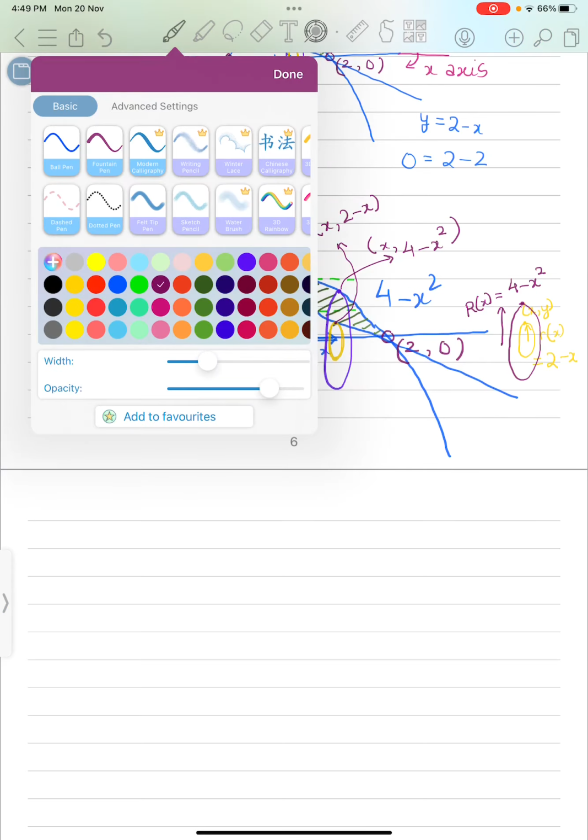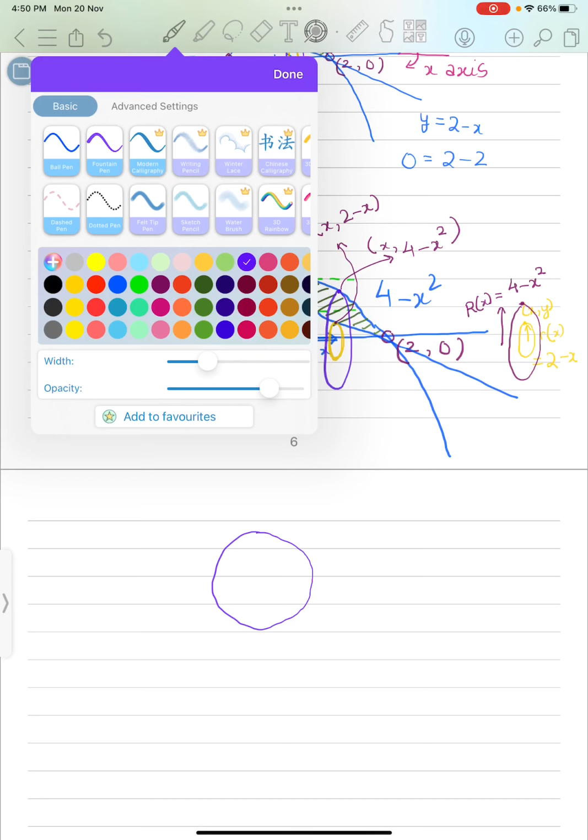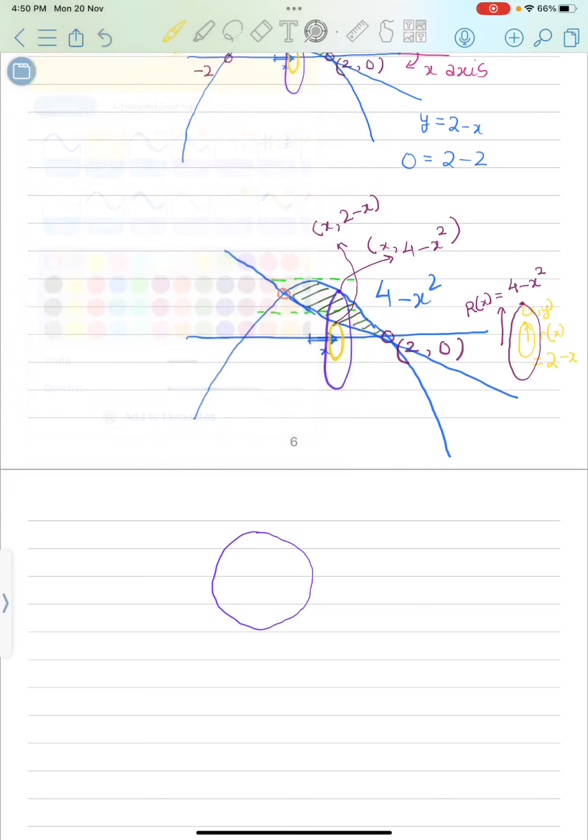So let's redraw it. This is what the view will be if you look from the x-axis. Okay. Where is the yellow?